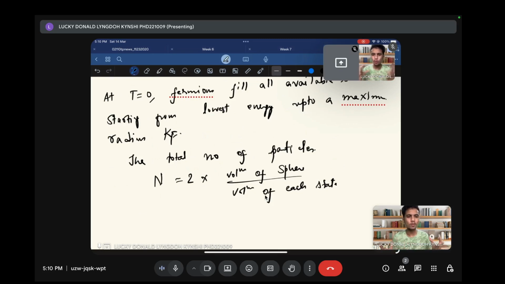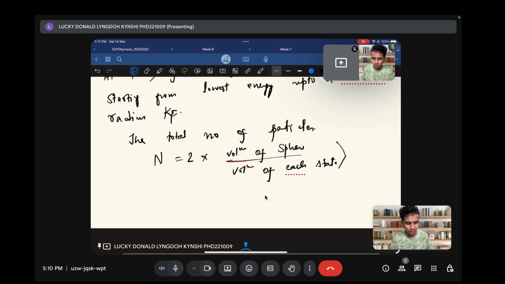If you divide the volume of the sphere by the volume of a single state, you get the total number of states available. Once you get the number of states available, you multiply it by 2, and you get the number of particles that can be filled.